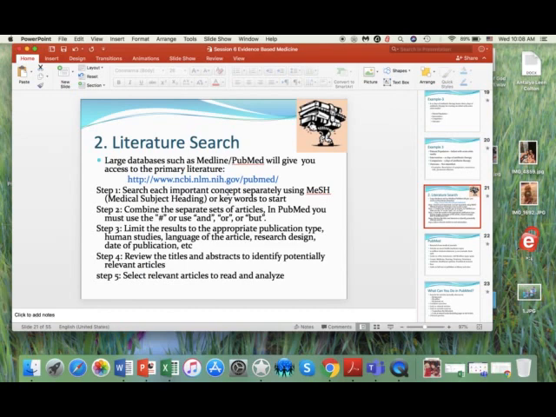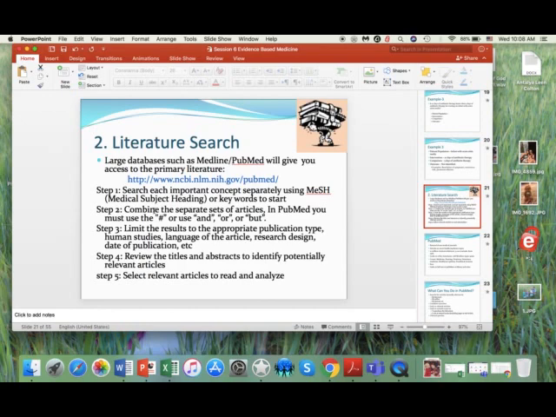So if the question is about giving metformin to adult patients with newly diagnosed diabetes, you can type in diabetes and do a search, and then you can do a search for metformin. But then you can also, step two, combine the sets of articles by putting diabetes and metformin, or you can do diabetes or metformin if you want both sets of articles.